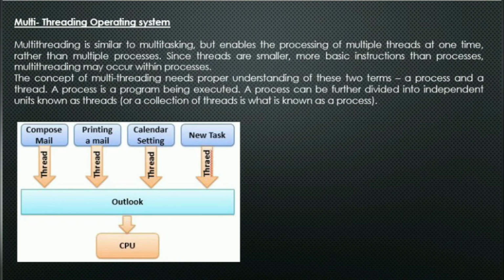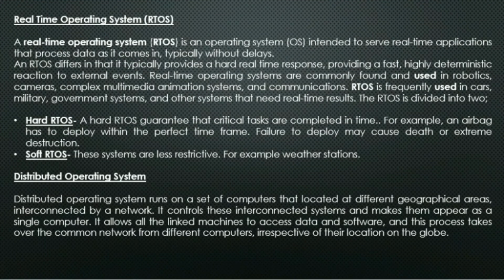So for all time, the CPU will be busy executing different threads. That's the advantage of multi-threading. The CPU we can use effectively. The examples of multi-threading operating systems are Windows XP, Windows 7, Windows 8, Windows 10, Linux, Unix. These are the examples of multi-threading OS.